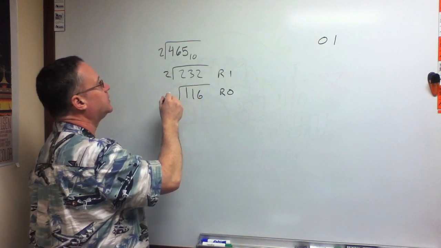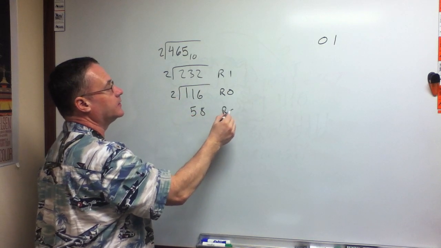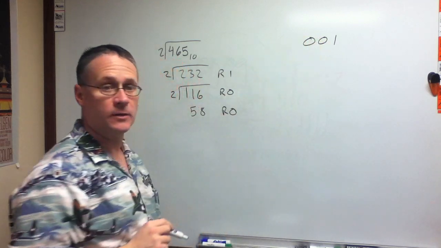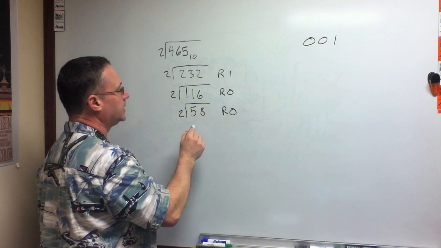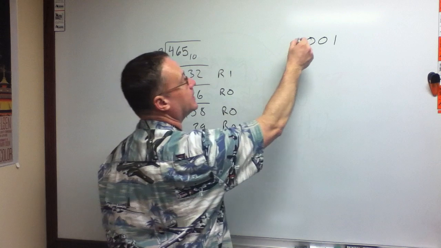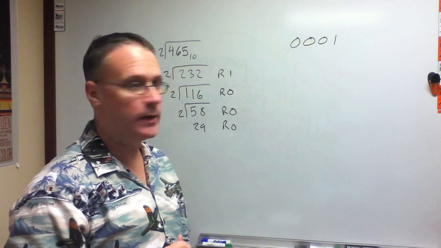This divided by 2 is 58, remainder 0. So the 0 is the next one up there. Okay? Dividing this by 2 gives me 29, remainder 0. So I have yet another 0 in my binary number that I'm forming.